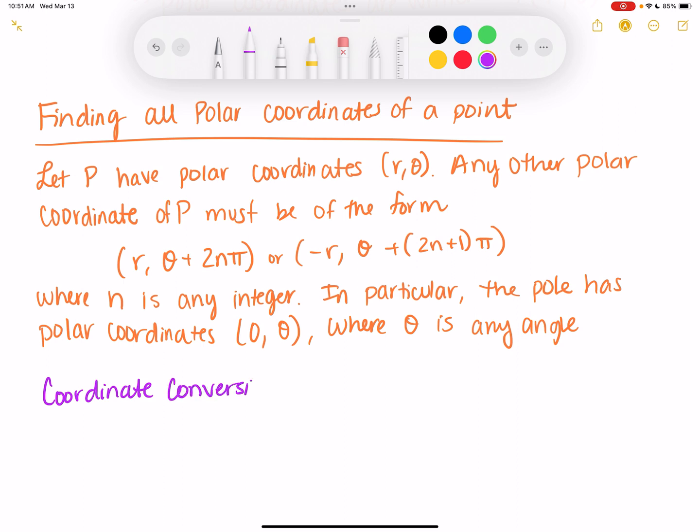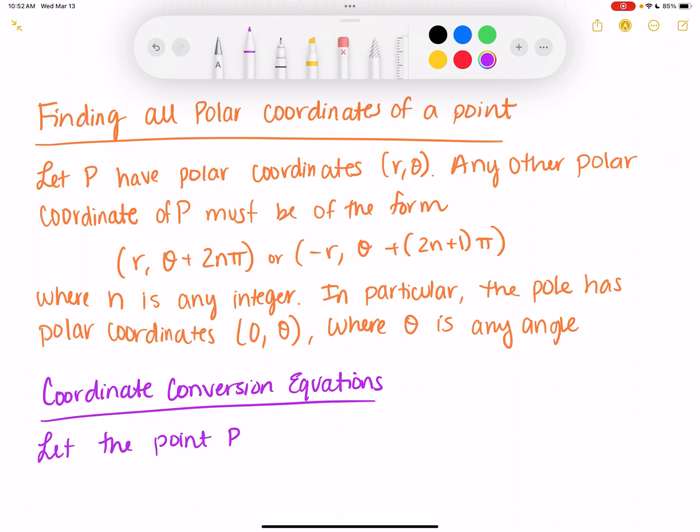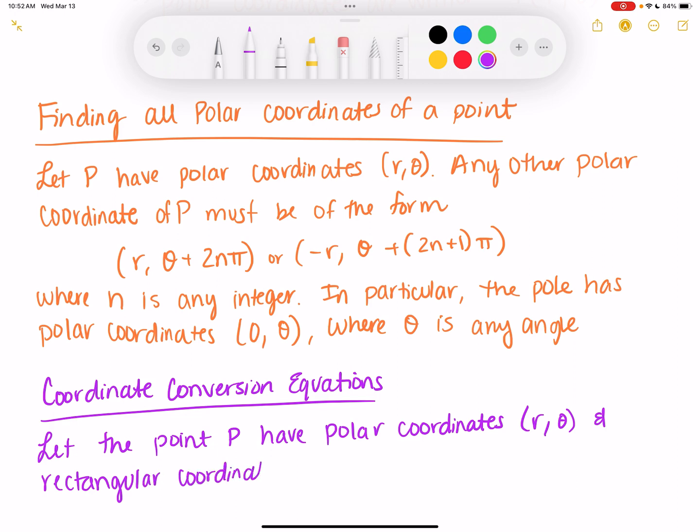This stuff actually is relatively easy, the equation conversion part. Let the point P have polar coordinates (r, theta) and rectangular coordinates (x, y).